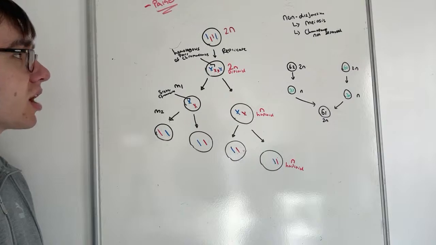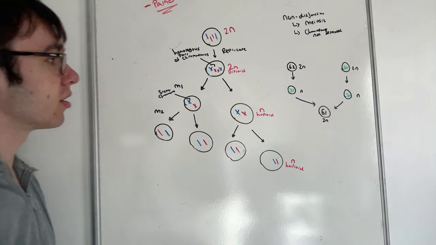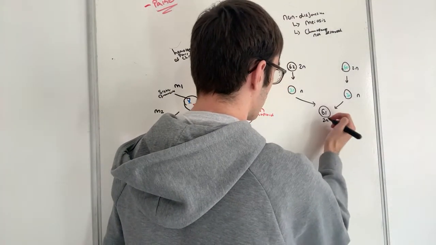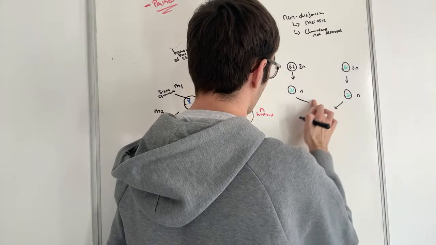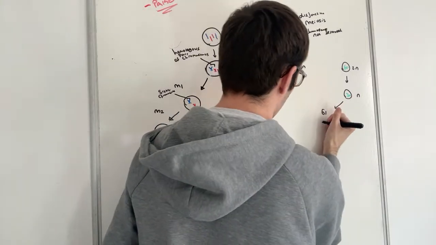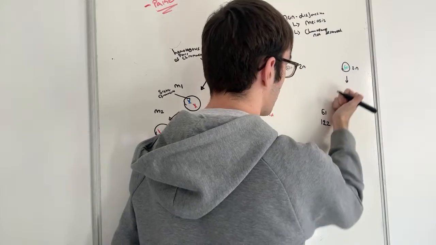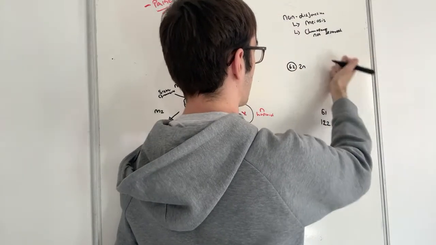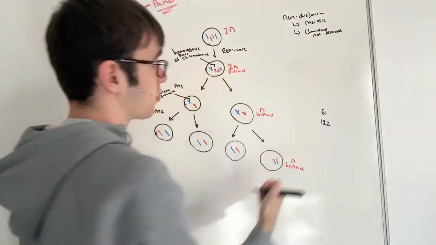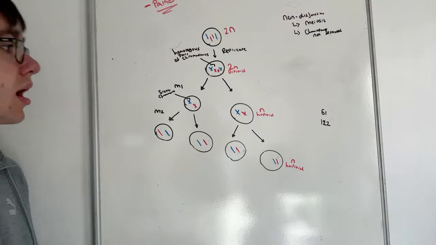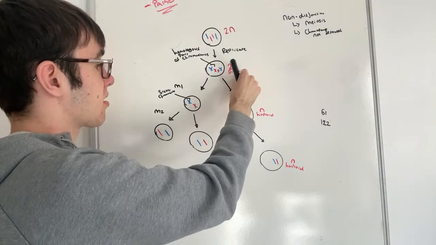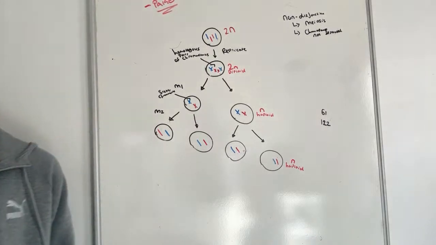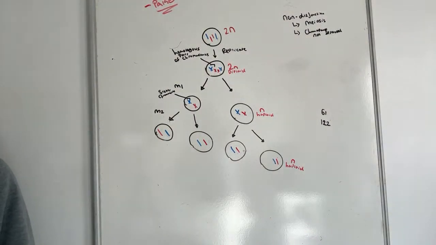Probably could have gotten a second mark, because it's implied, right? If this species' diploid number is 61, then if it has 122, clearly something has gone wrong during meiosis, which has doubled the amount. Chromosomes aren't separated, but they go on. Okay, cool.